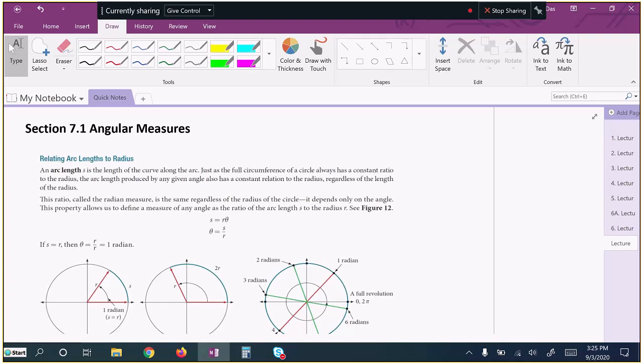An arc length, generally denoted by lowercase s, is the length of the curve along the arc. Just as the full circumference of the circle always has a constant ratio to the radius, the arc length produced by any given angle also has a constant relation to the radius, regardless of the length of the radius. This ratio is called the radian measure of an angle.